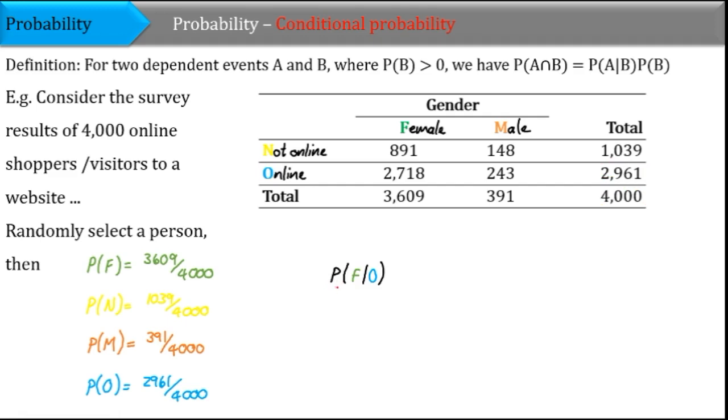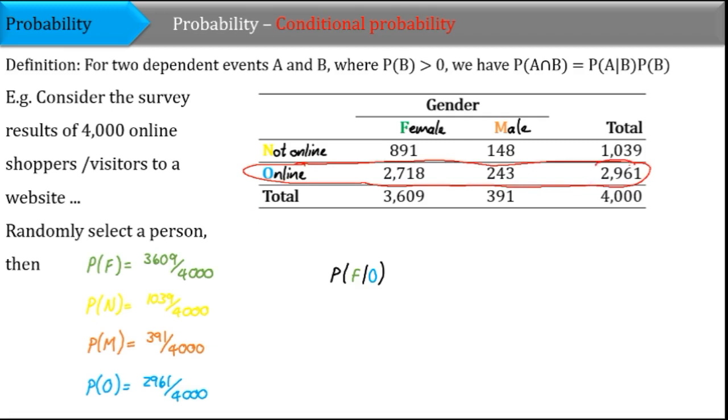Now, what about the probability of selecting a female if we know that the person shops online? Well, that means we only consider those who shop online. So that means we only consider this row over here. Those are the online shoppers.